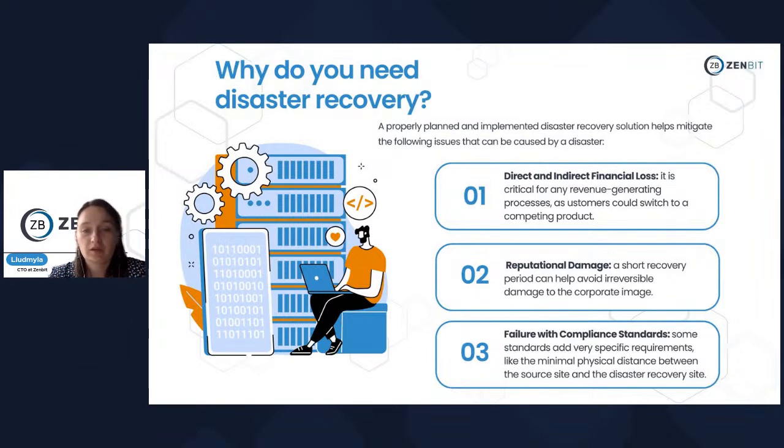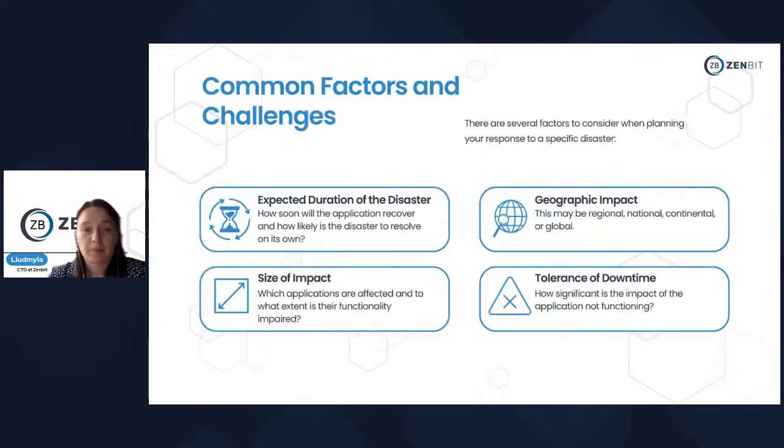Now let's check the common factors and challenges. There are several factors to consider when planning your response to a specific disaster. The first one is the unexpected duration of the disaster. How soon will the application recover, and how likely is the disaster to resolve on its own?